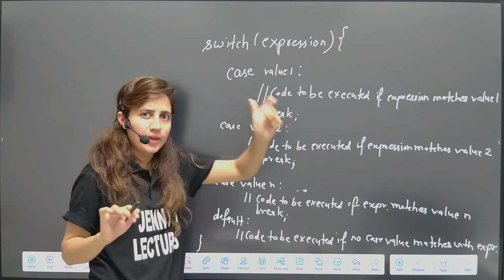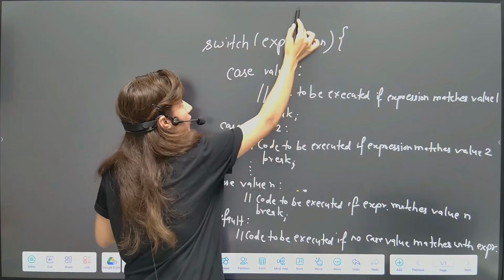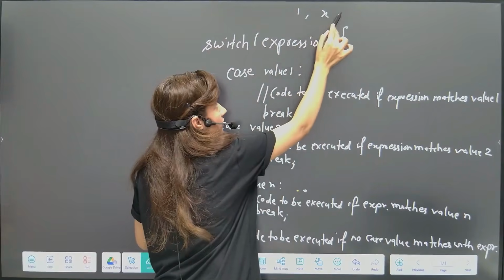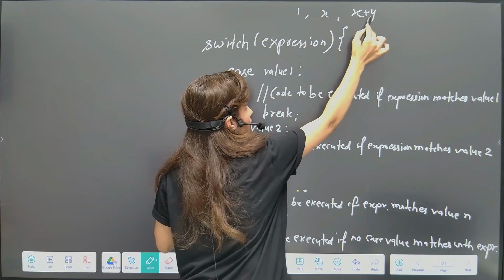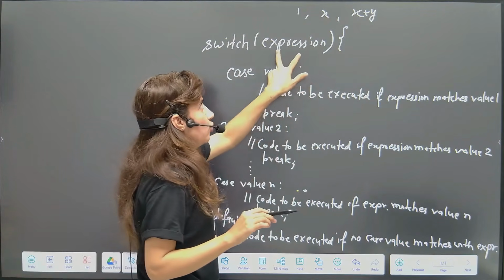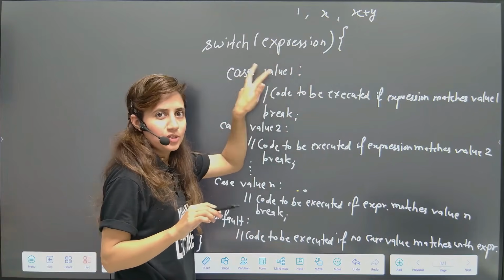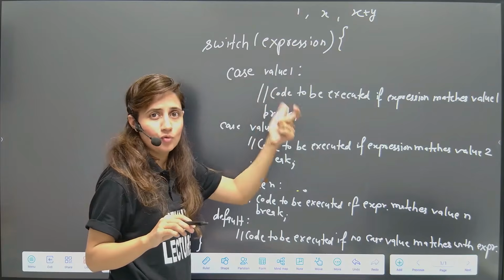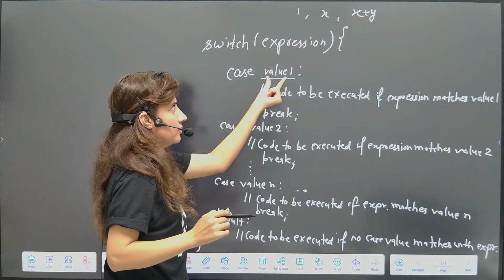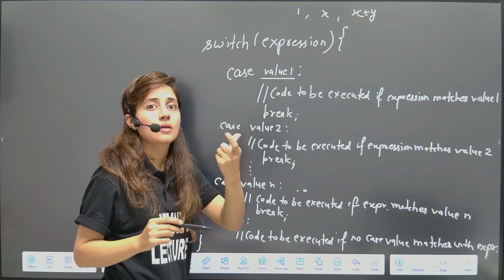Expression can be a simple value, any constant like 1, 2, 3, or the name of a variable like x, y, z, or any expression like x plus y, something like this, right? I'll tell you how to write this expression and what data types are allowed for it. Then we have case. This is known as the case value or case label.